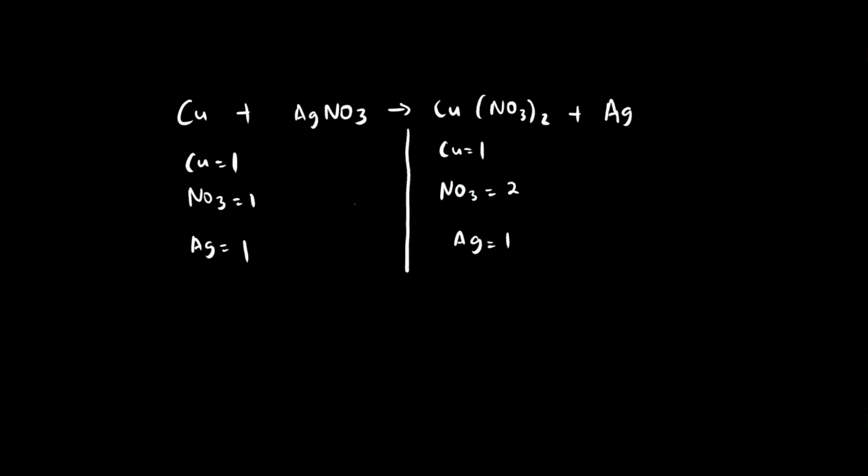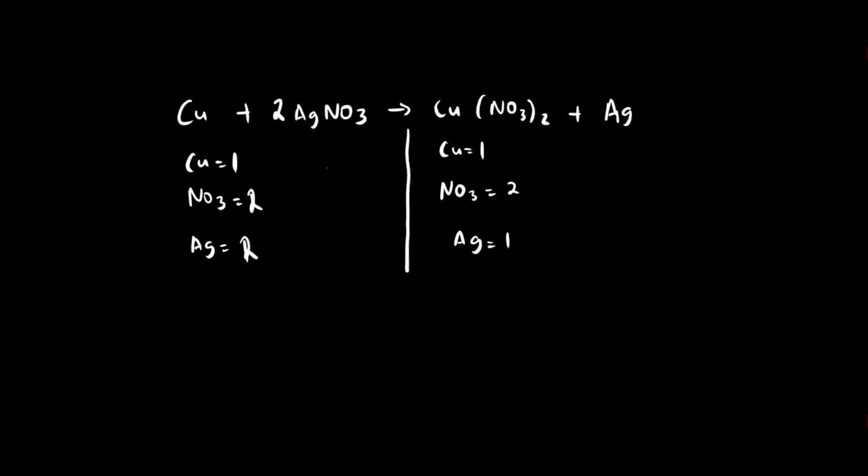Least common multiple of 1 and 2 is 2. So we need to introduce a coefficient of 2 in front of the silver nitrate on the left hand side. So now we have 2 silver and we have 2 nitrate on the left hand side.